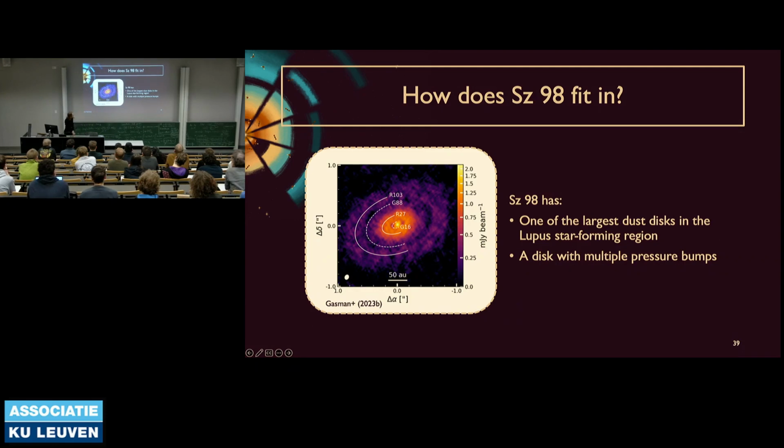It has one of the largest dust disks, so it's not radially small, and it has a disk with multiple pressure bumps. So it seems to not exactly follow this decrease in H2O over HCN with outer dust radius, because it's big and it has pressure bumps, so you wouldn't expect as much water.